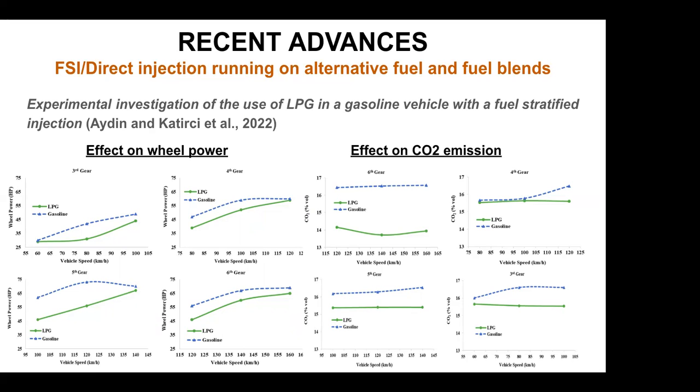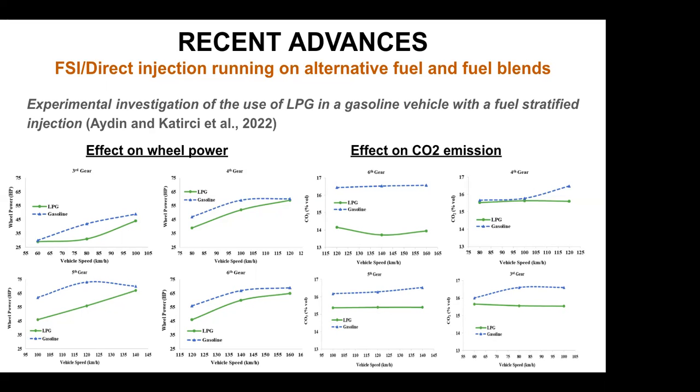Then the maximum power at the fifth gear level was measured as 73 horsepower in petrol fuel at 120 km per hour. When LPG fuel is compared with gasoline, a 23% decrease is seen in power value. And the last one, in the sixth gear level, the maximum power was measured as 69 horsepower in petrol fuel at 160 km per hour.